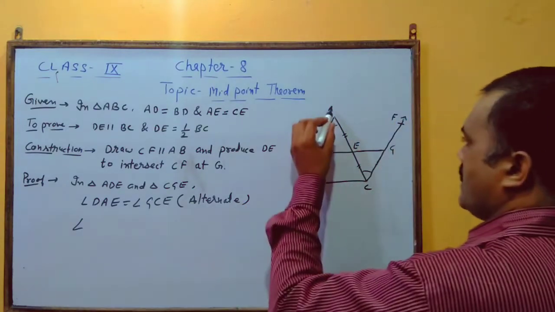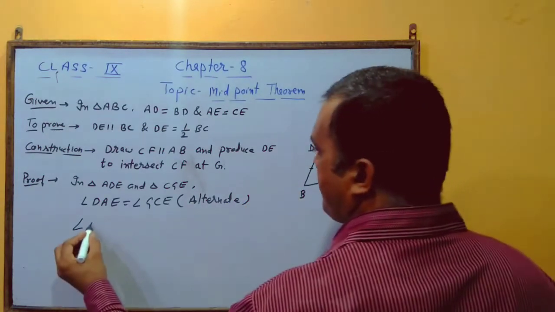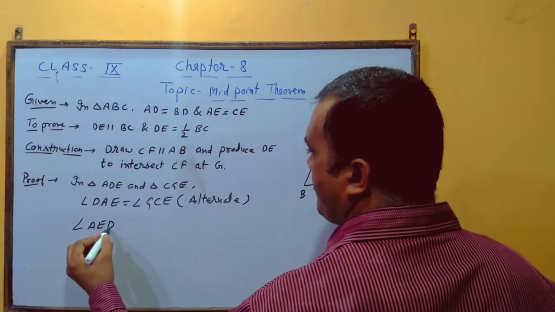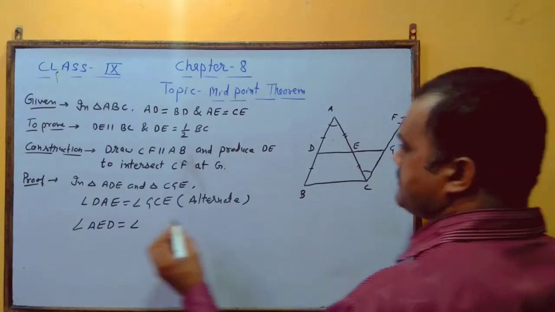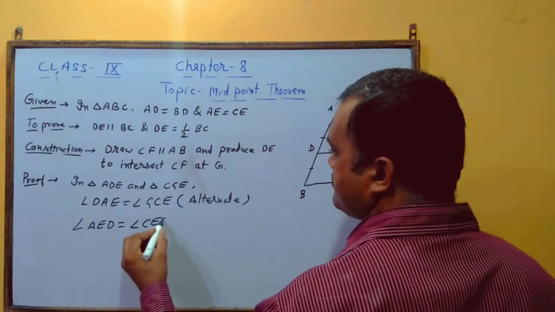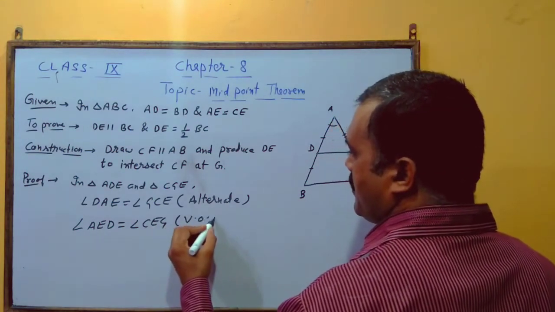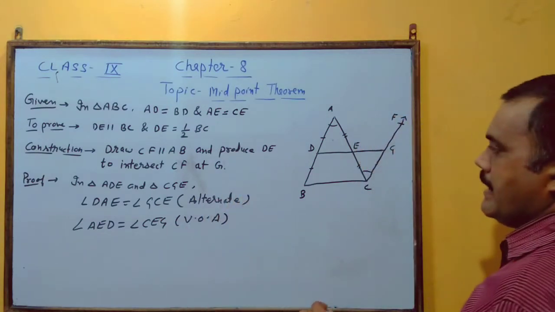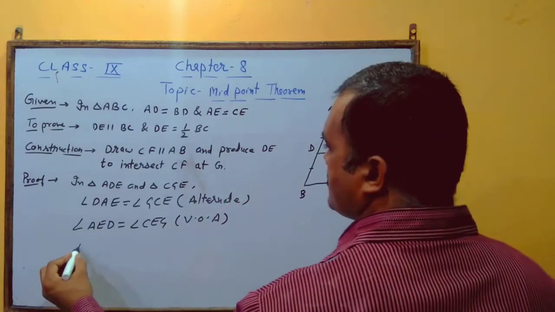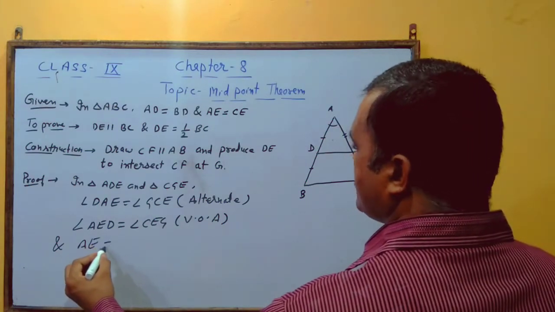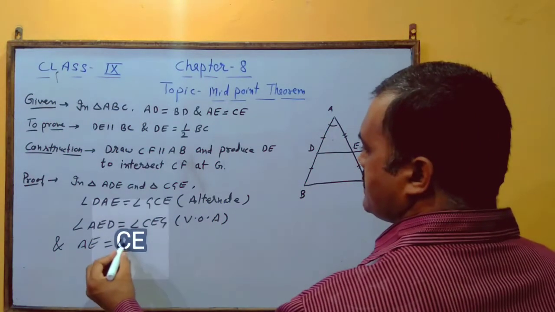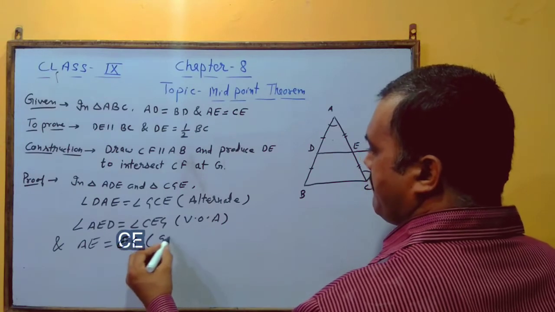Angle AED is equal to angle CEG, vertically opposite angles. And one more thing you can write, AE is equal to CE, given.